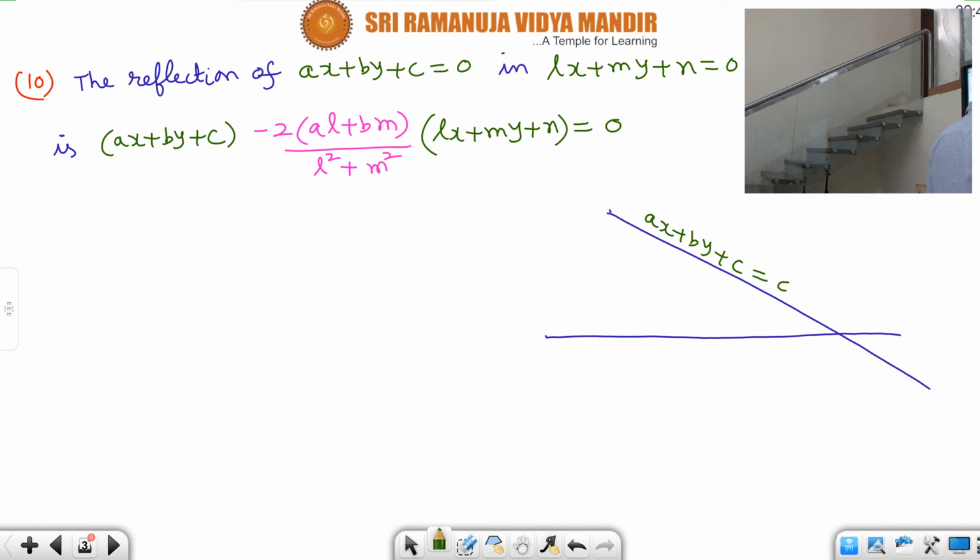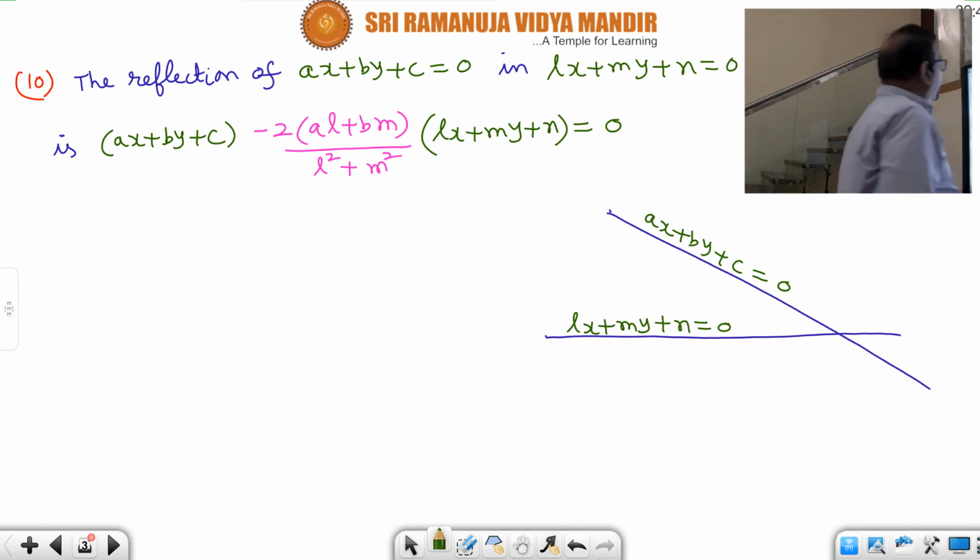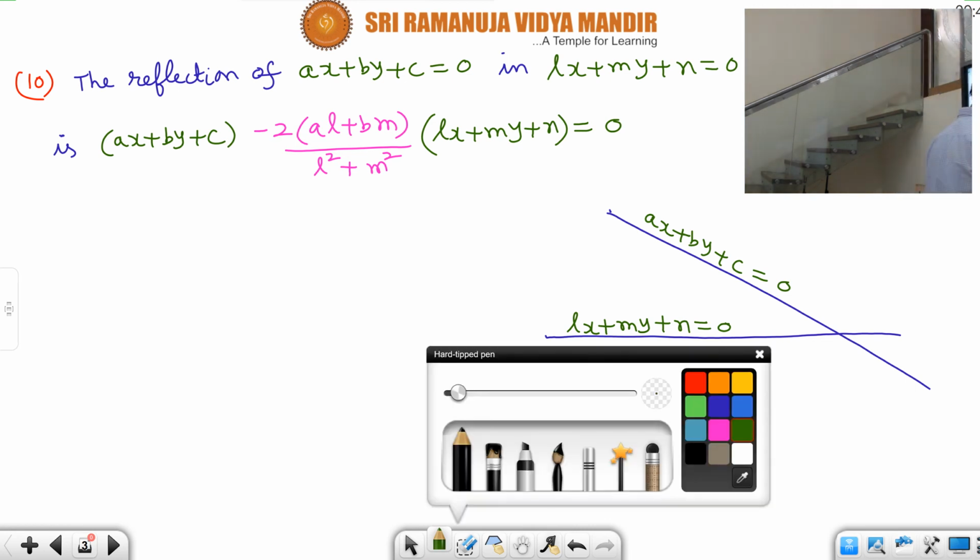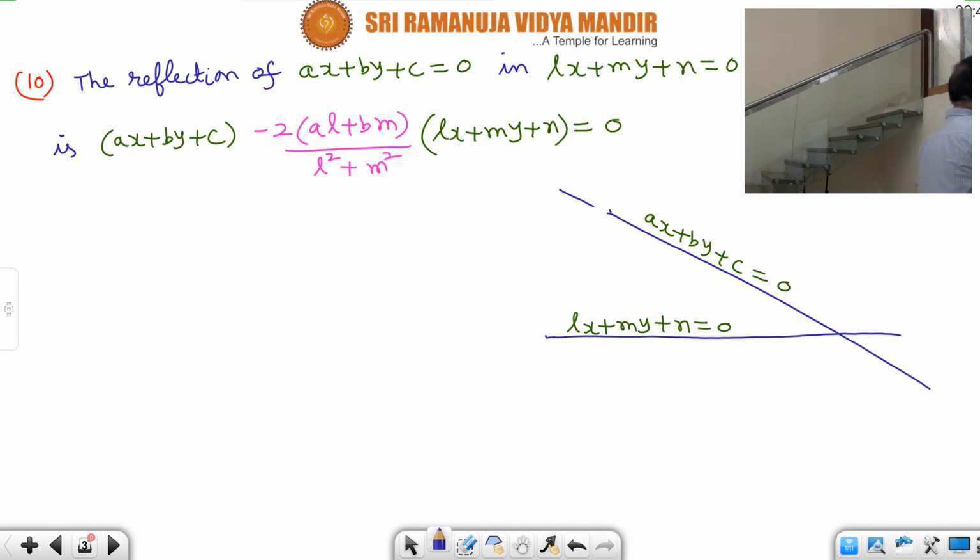We want the reflection of this line in what line? In Lx plus my plus n equal to 0. This line ax plus by plus c is equal to 0 is called the object line.